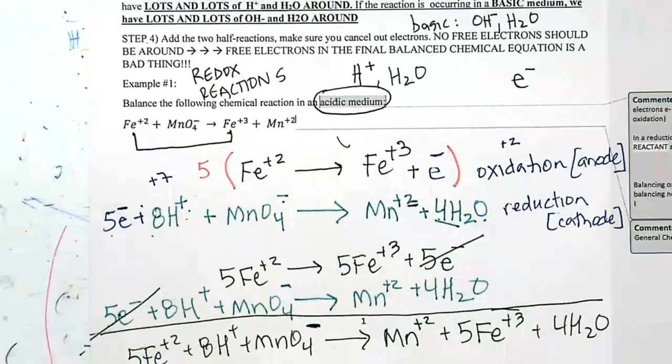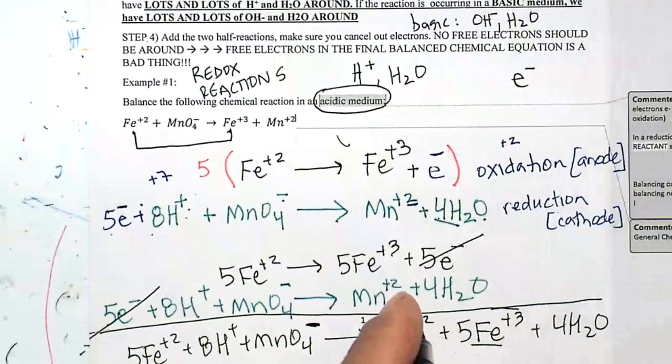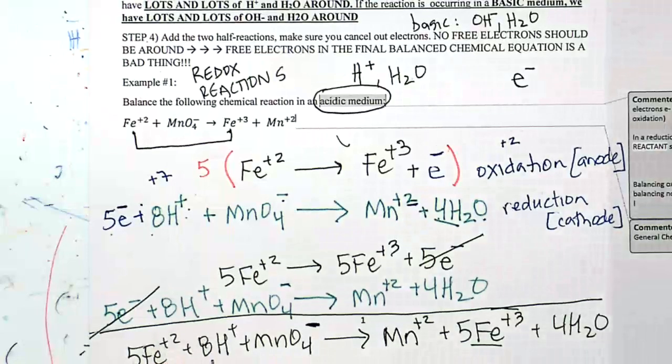Let's double check. We can always double check our answer. Here we have 5Fe, 5Fe. 8H plus, 8H. We have 1 Mn, 1 Mn.